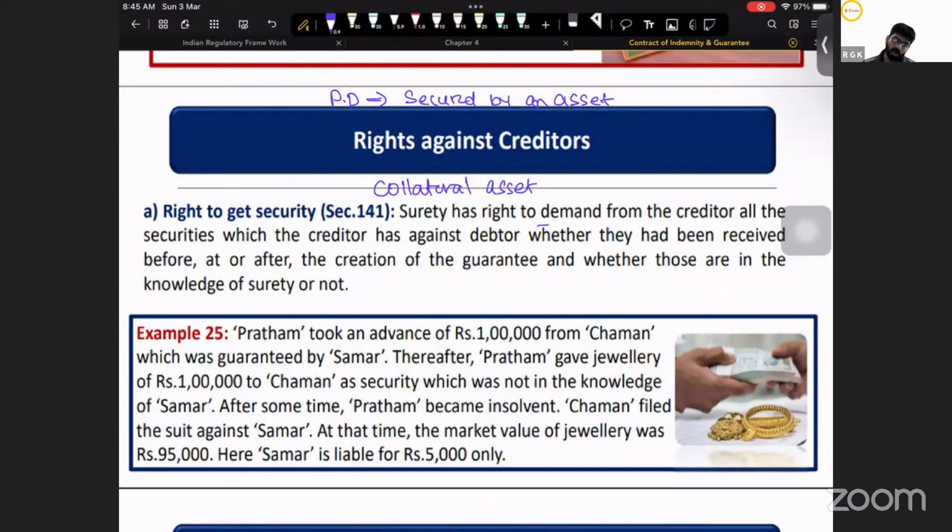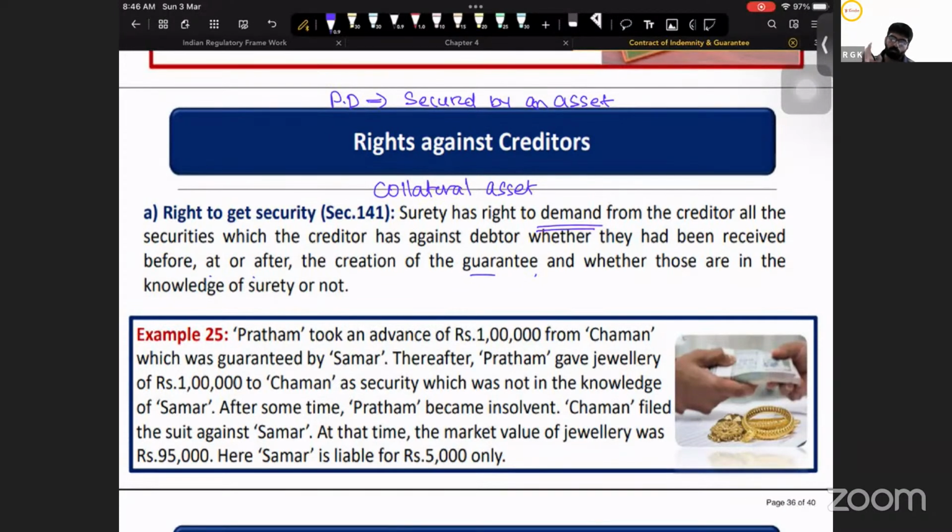Surety has the right to demand from the creditor all the securities which the creditor has against the debtor, whether they had been received before, at, or after the creation of guarantee, and whether those are in the knowledge of the surety or not. The creditor might have obtained it at the time of the contract of guarantee, after it, or before it.